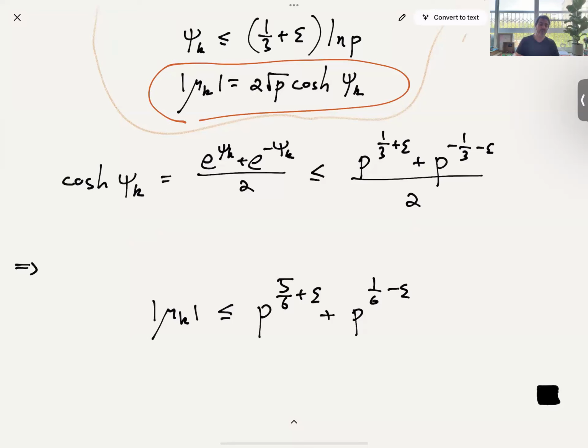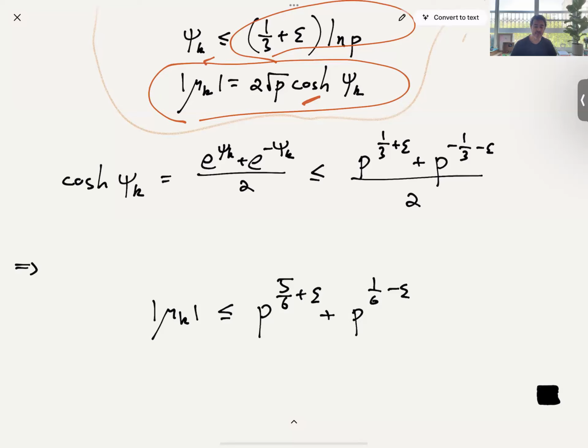And before, we bounded this psi k, which is the imaginary part of theta k, after you move back to these three intervals, from above by (1/3 plus epsilon) times ln p. And so the hyperbolic cosine applied to that is (e^z plus e^(-z))/2, and this is monotone.